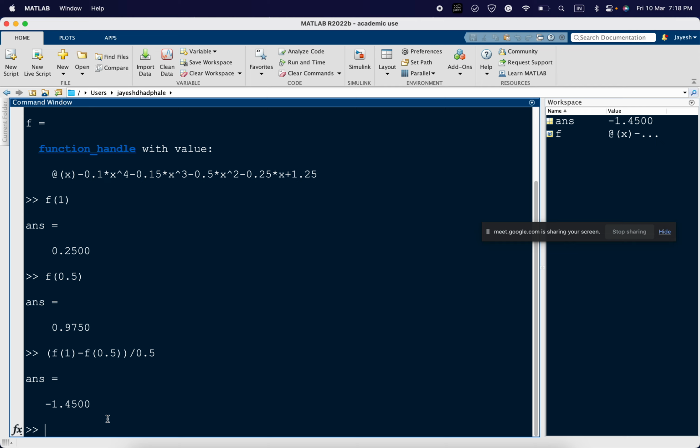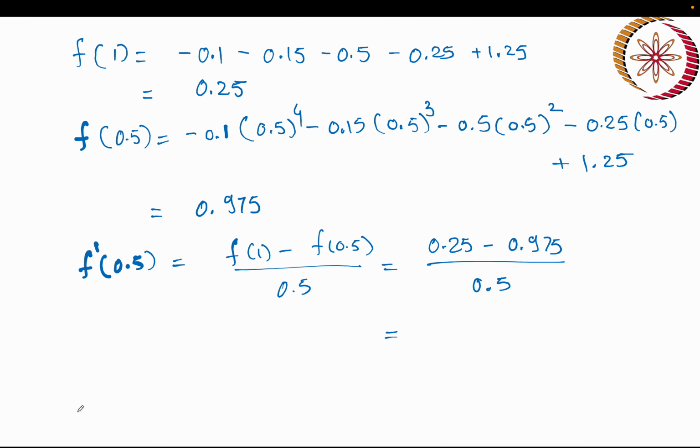So we got minus 1.45. Okay, so this is the approximation that we determined.